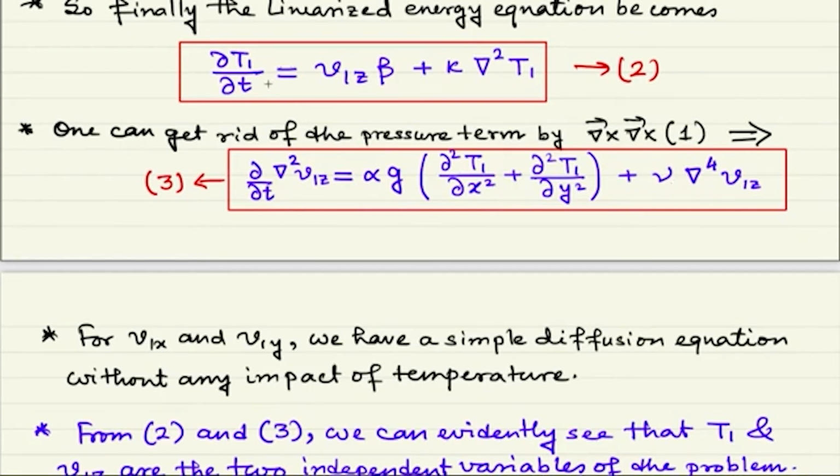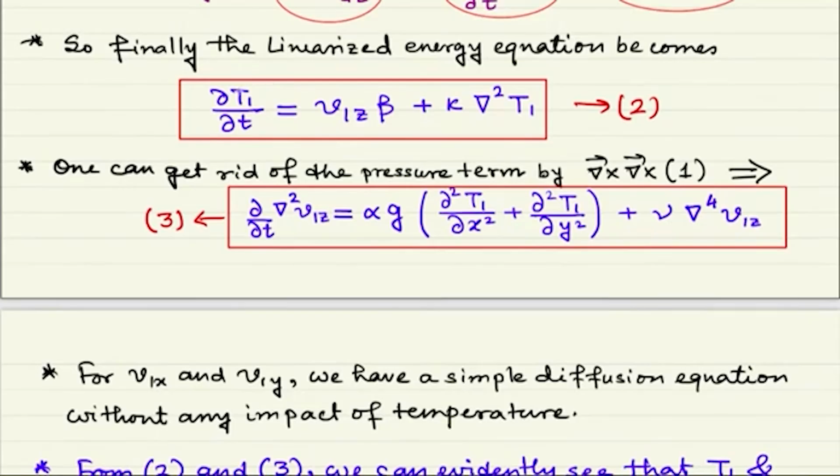So finally, in our equations, we can see there are only two unknowns: T1 and V1Z, because here there is no Laplacian V1Z.